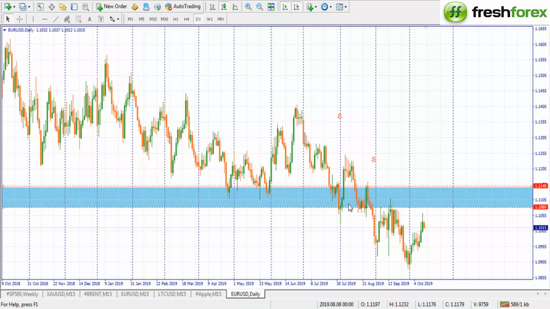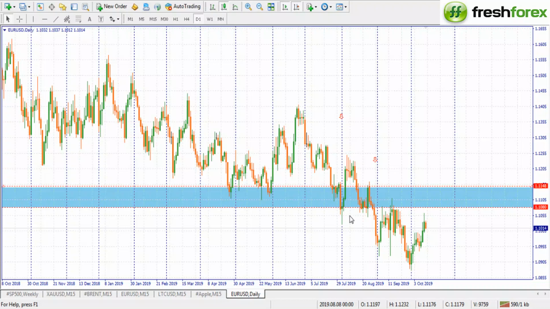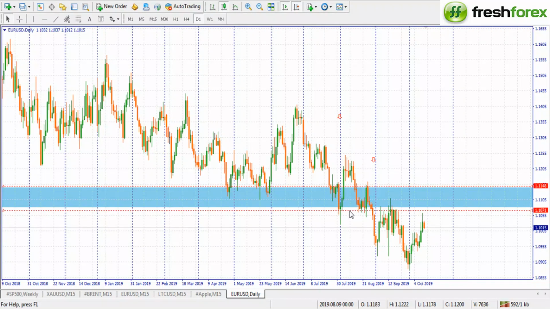On the daily we have the same zone. This is still the correct place you should be looking for a sell from, this one. A support, previously a support, we had a break, a retracement, then this was a sell. If price comes back to this zone there, that will give us the correct place to sell from.